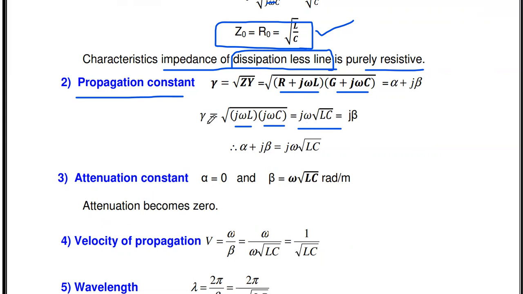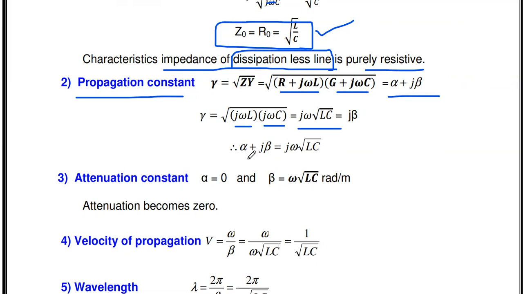And the propagation constant is a complex quantity. We already derived these values for a general transmission line in the first unit. The propagation constant is nothing but the attenuation constant alpha plus j beta, where beta is the phase constant and alpha is the attenuation constant.